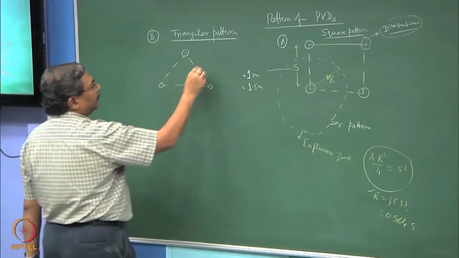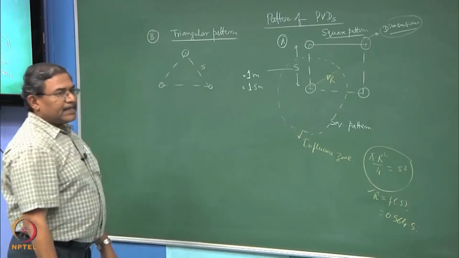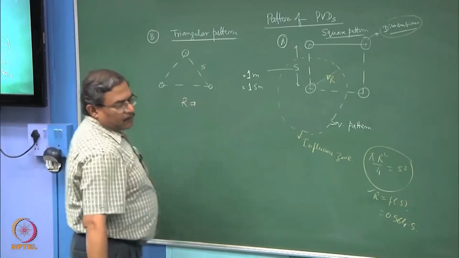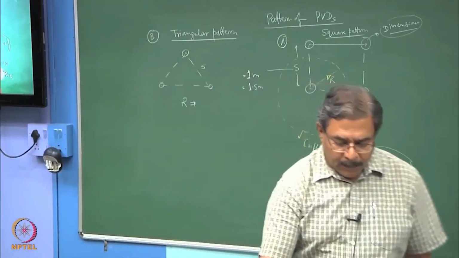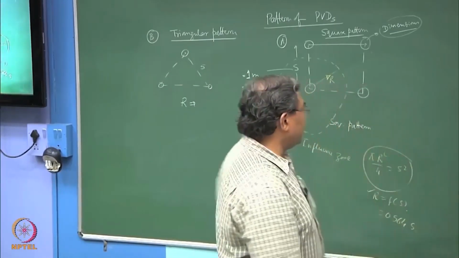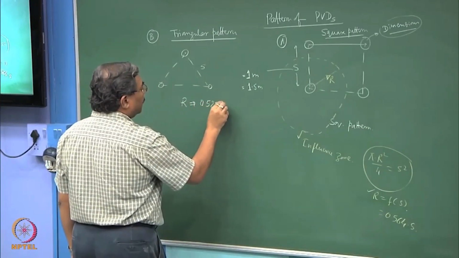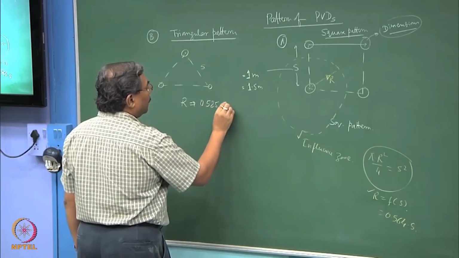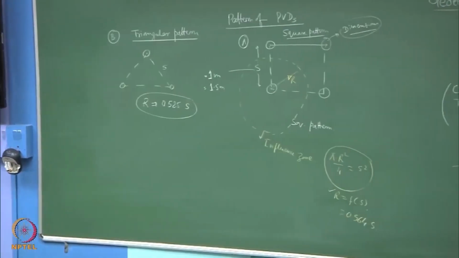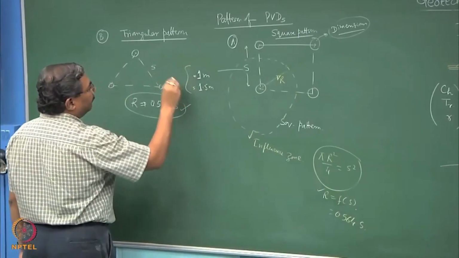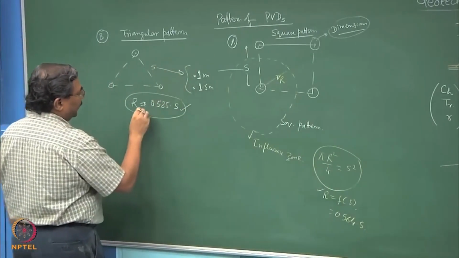Again, the spacing between the two PVDs is S, and we get the value of R. This turns out to be 0.525 S. So, once you have got this S, here also we normally fix S as 1 meter, and then I can compute R.